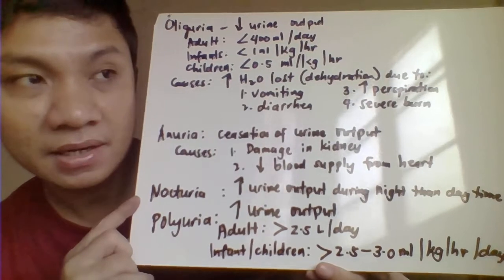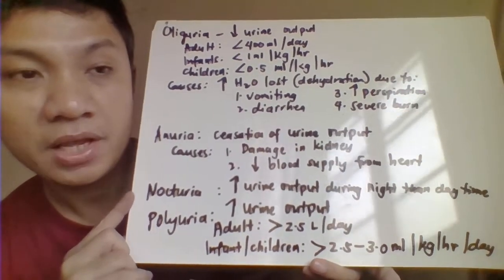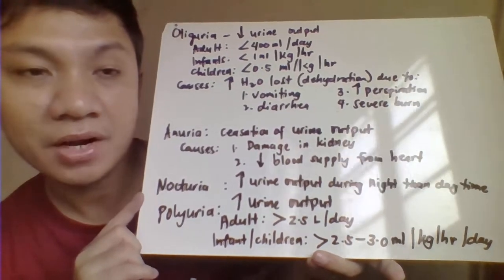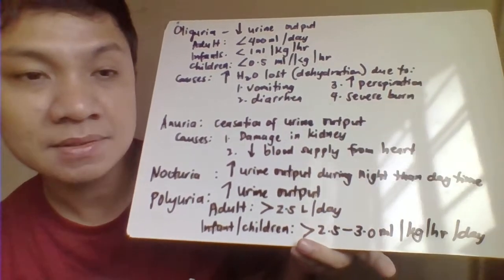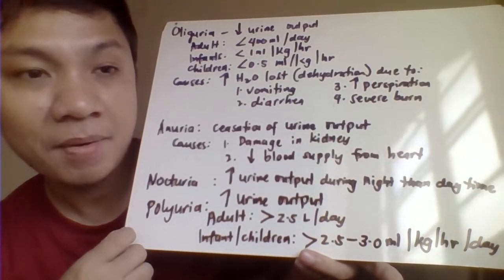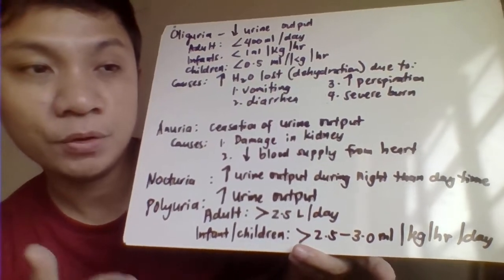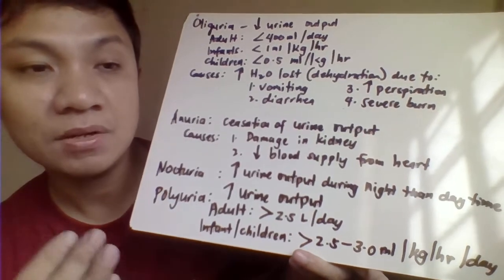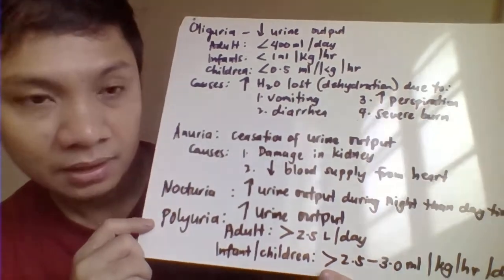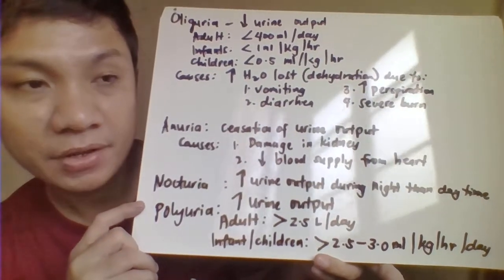Then we also have nocturia. Nocturia is an increased urine output or urine excretion during the night time. Usually you urinate 2 to 3 times more during the daytime compared to the nighttime. But if your urine output increases during the nighttime compared to the daytime, then we consider that nocturia. Another one, we have polyuria.